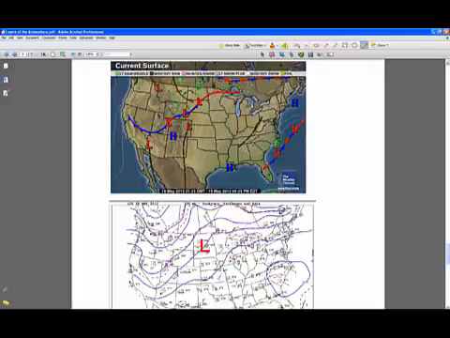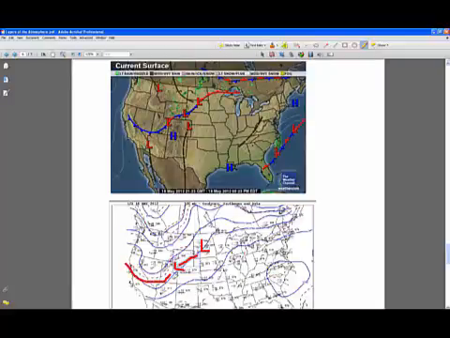Okay, I'm just taking the surface low and moving it down here. And let's draw the front along with it. There's another low pressure here. See if I can get pretty close to this.